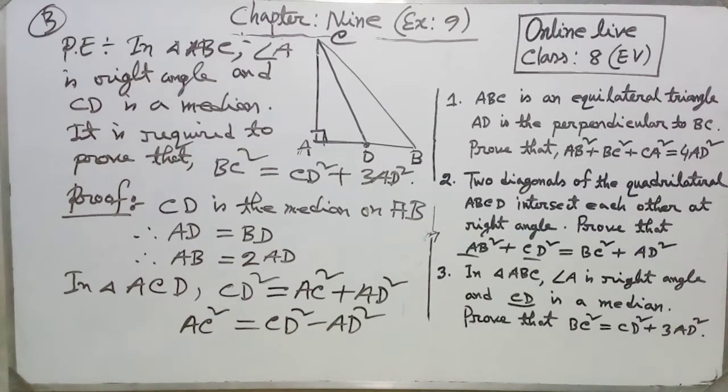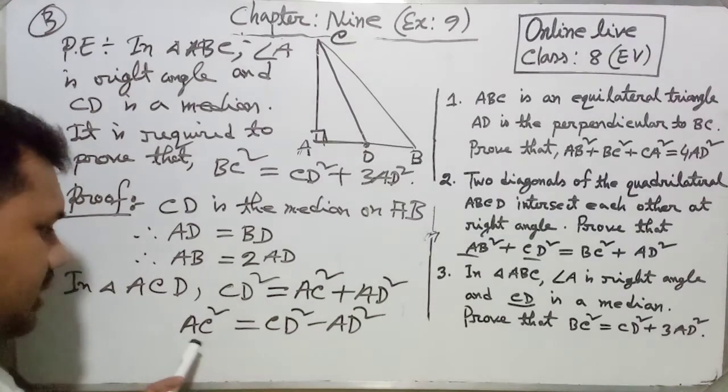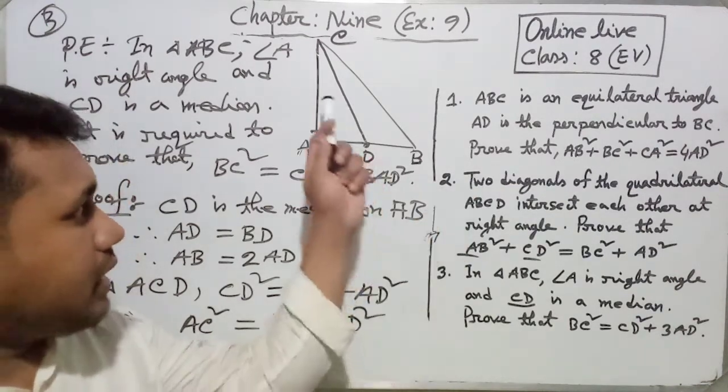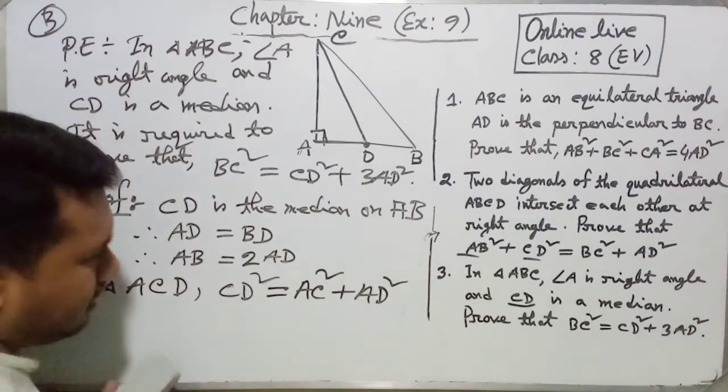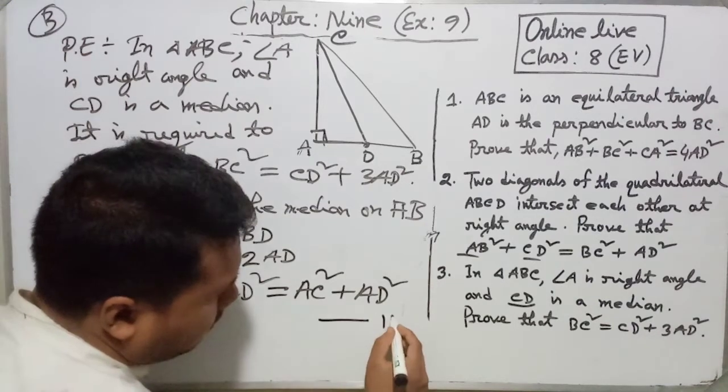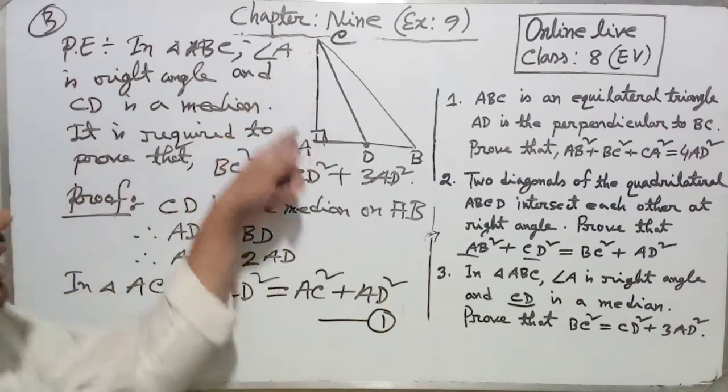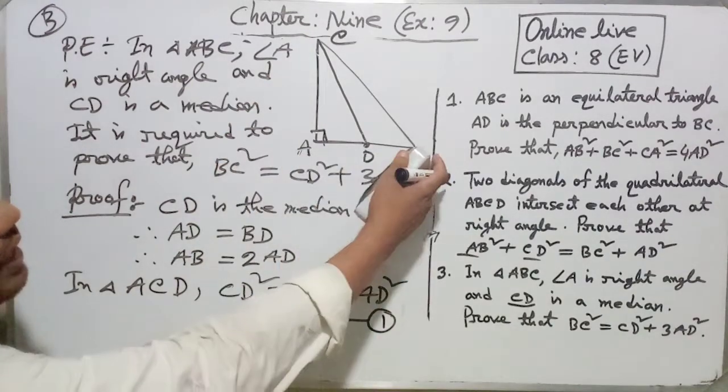So dear students, now we can write this one for our triangle ACD. Suppose this is our equation 1. Now dear students, again our triangle ABC.